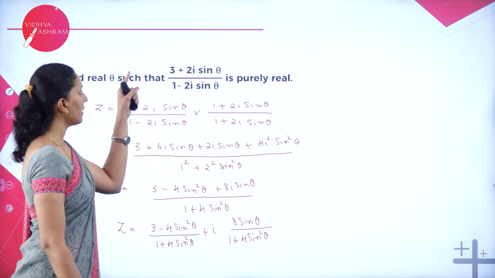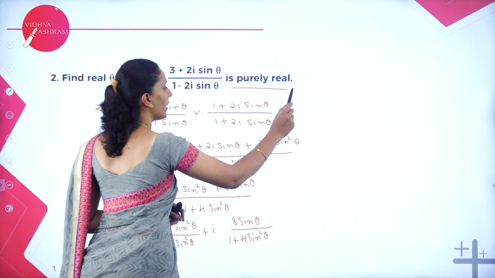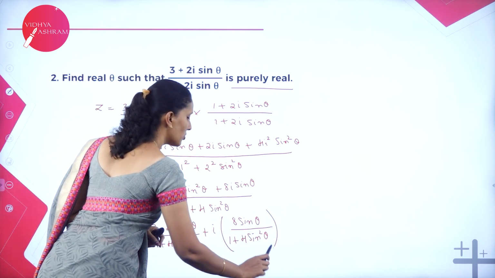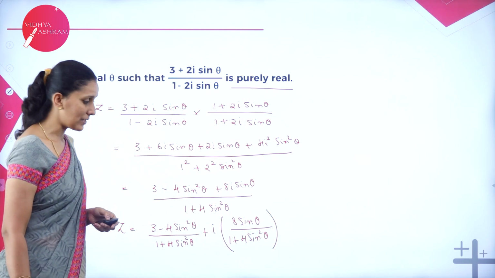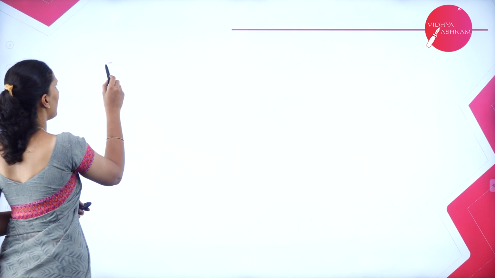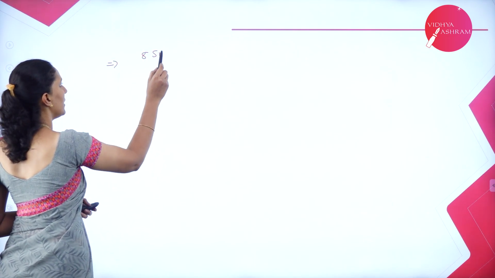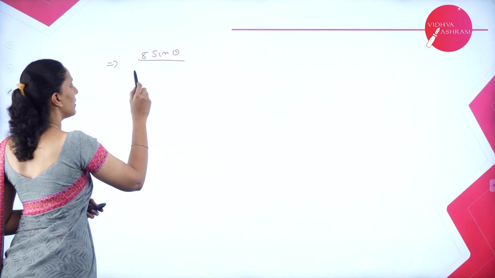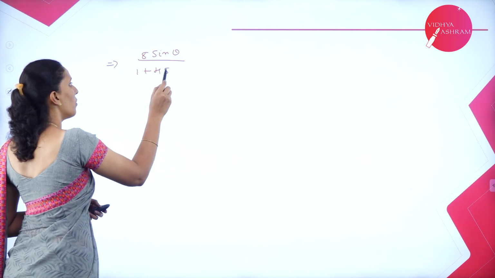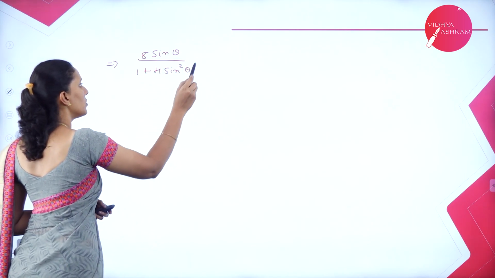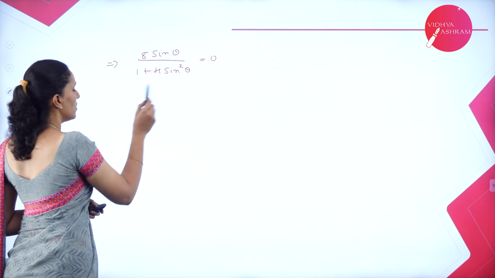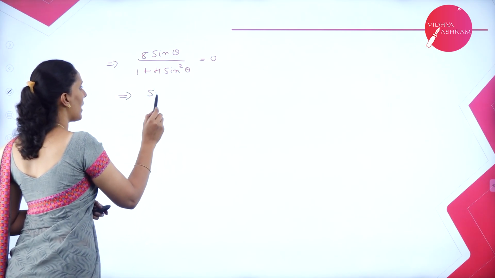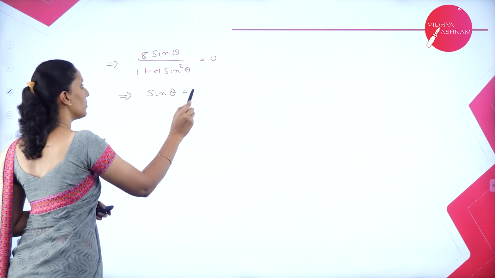When I say the given complex number is purely real, obviously the imaginary part should be equal to 0. So this implies 8 sin theta divided by 1 plus 4 sin square theta should be equal to 0. So this simply implies that sin theta is equal to 0.